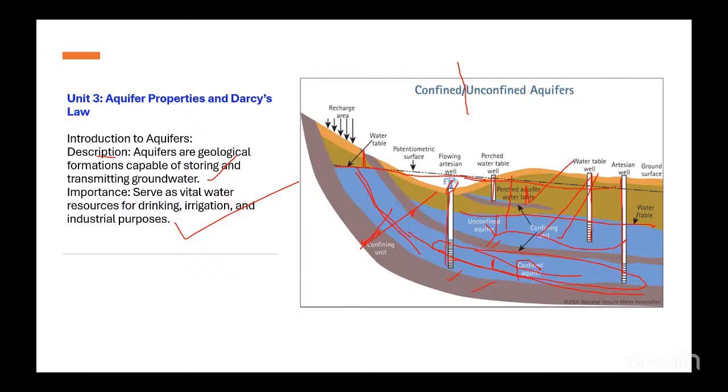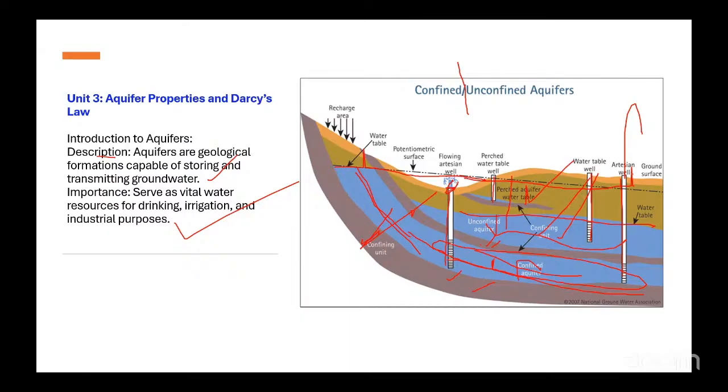And here you can see this is not flowing without any pumping system. Here we have to install a pumping system. Here we need not install a pumping system because this confined aquifer water level is higher than the head of the borewell.